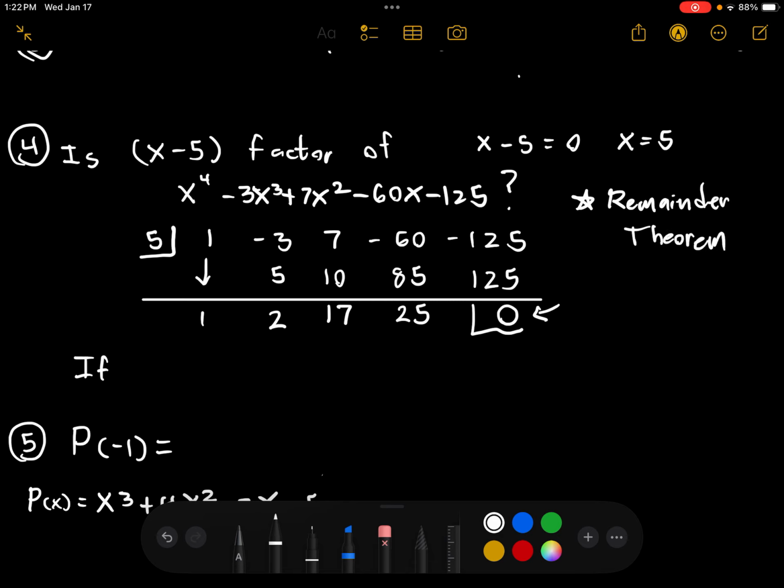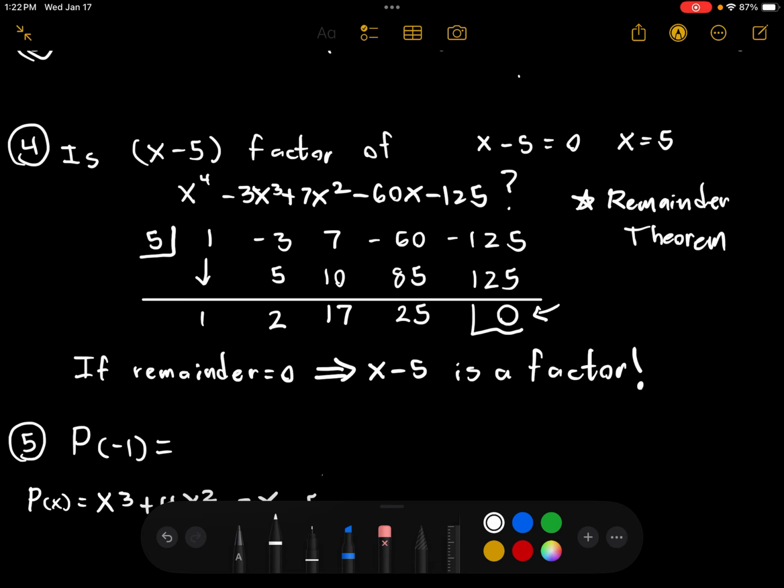All right, the remainder theorem says that if my remainder is equal to 0, then that implies that x minus 5 is a factor of that polynomial. All right, so that's actually the great news. That's actually what makes it easier.